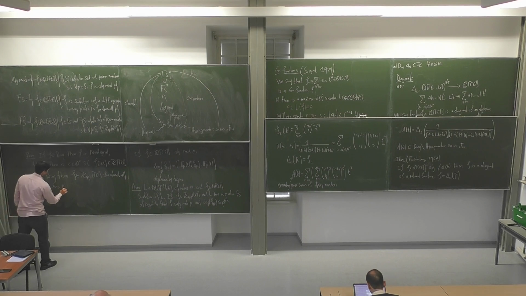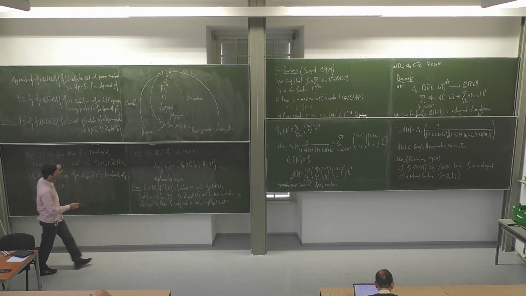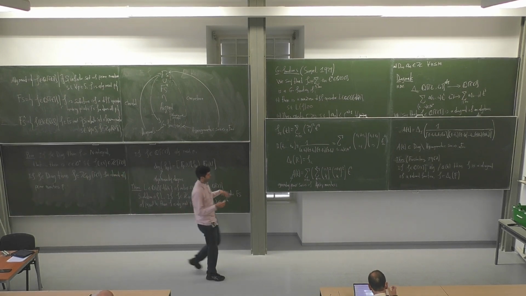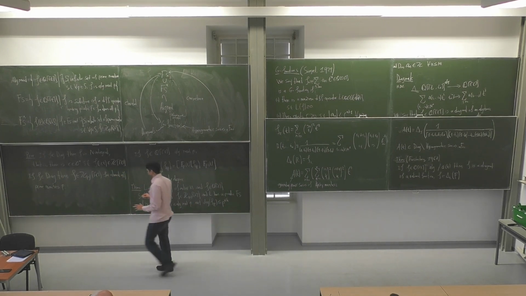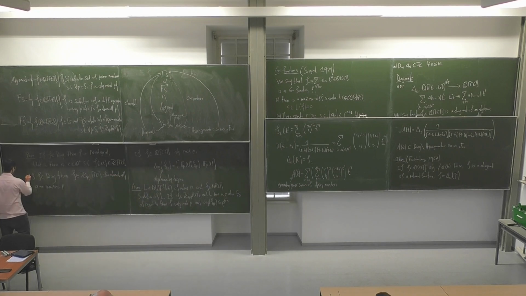So in other words, if you have a diagonal, you can reduce it modulo p for almost all prime numbers p. That is a good point.